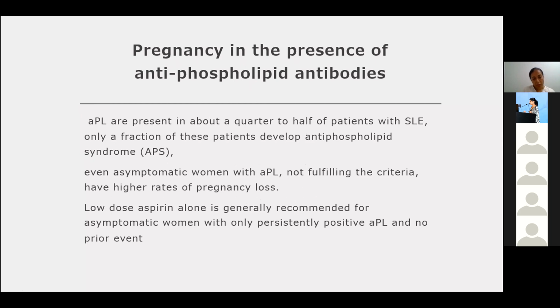But even asymptomatic women with antiphospholipid antibodies not fulfilling the criteria of antiphospholipid syndrome have higher rates of pregnancy loss. Therefore, for asymptomatic patients with only persistently positive antiphospholipid antibodies and no prior event, low dose aspirin is generally recommended.